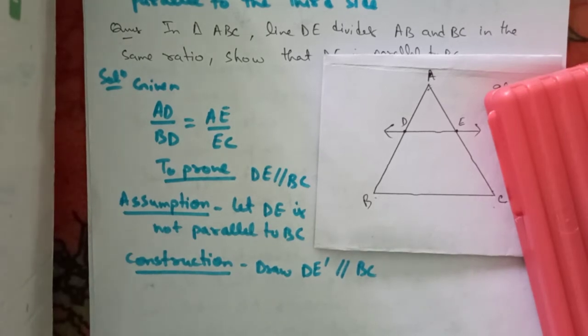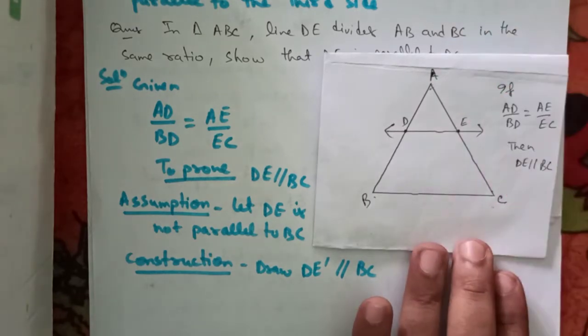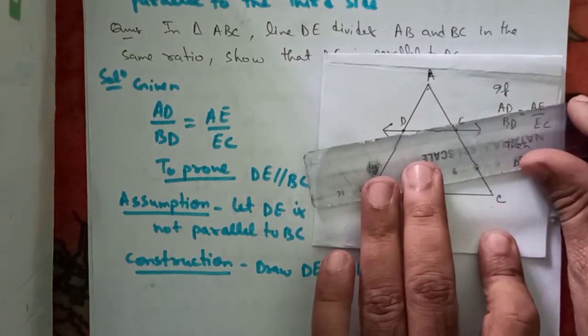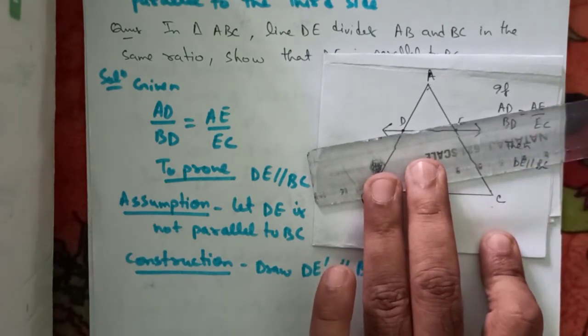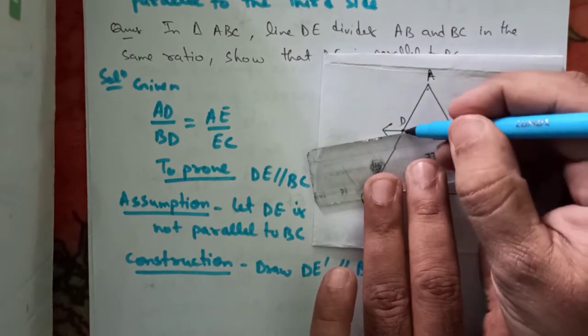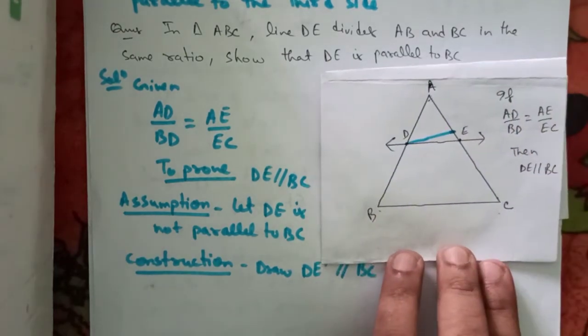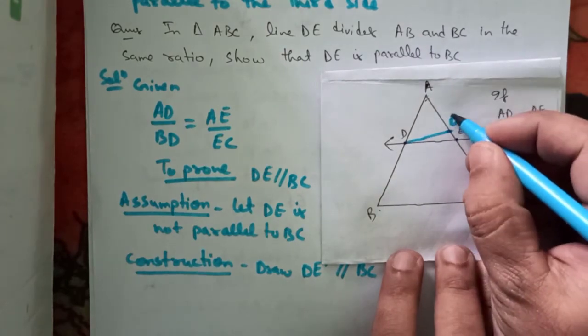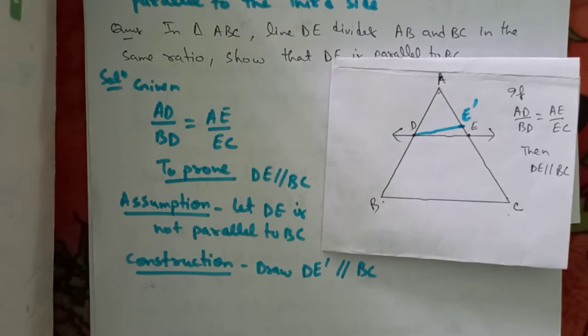So DE dash is drawn parallel to BC. Now we have drawn DE dash parallel to BC.